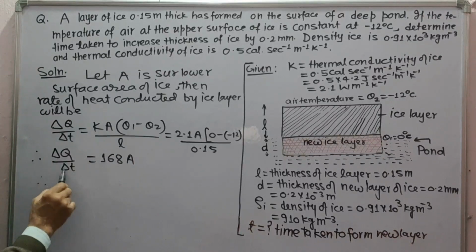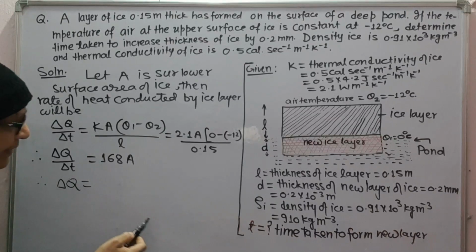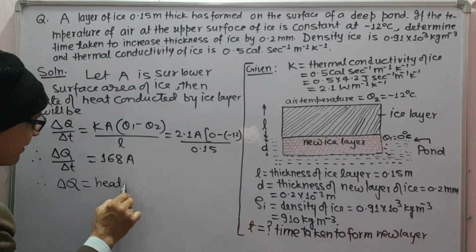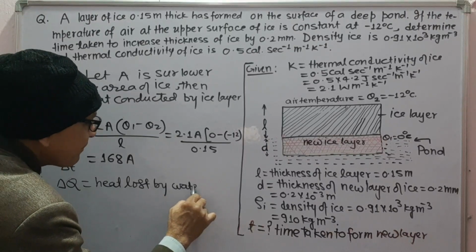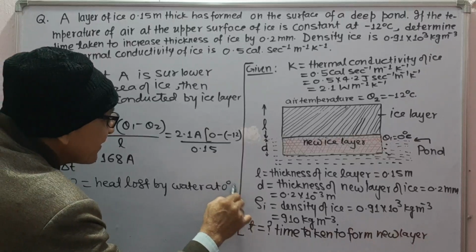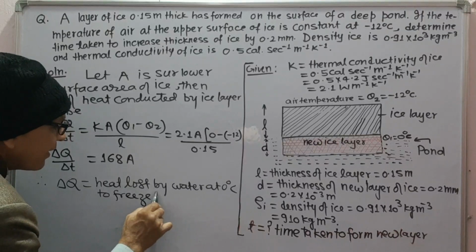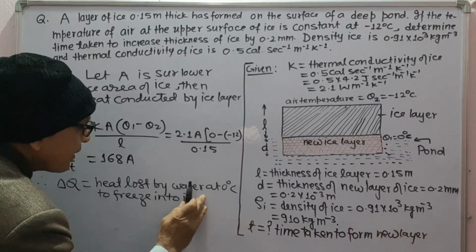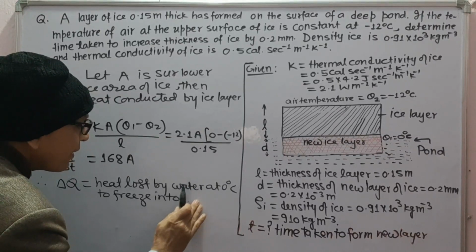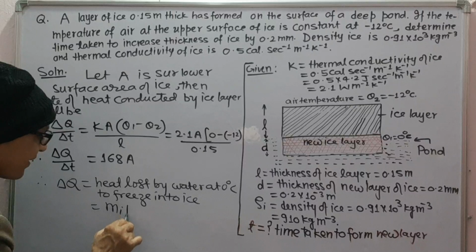Therefore delta Q will be equal to the heat lost by water at 0 degree Celsius to freeze into ice, that is m ice into L ice.